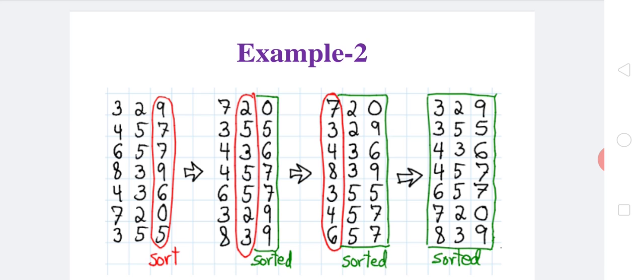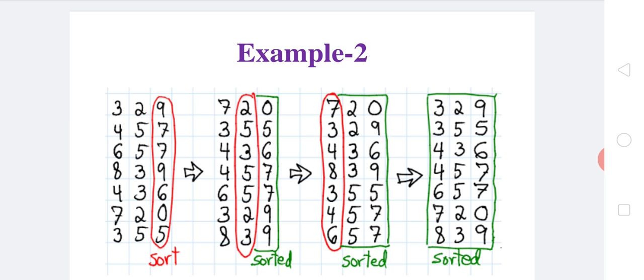In the third table, I'm going to write on the basis of the 10th digit or 10th place. First, the first element is 720, the second element is 329, the third element is 436, the next element is 839, the next element is 355, the next element is 457, and the last element is 657.